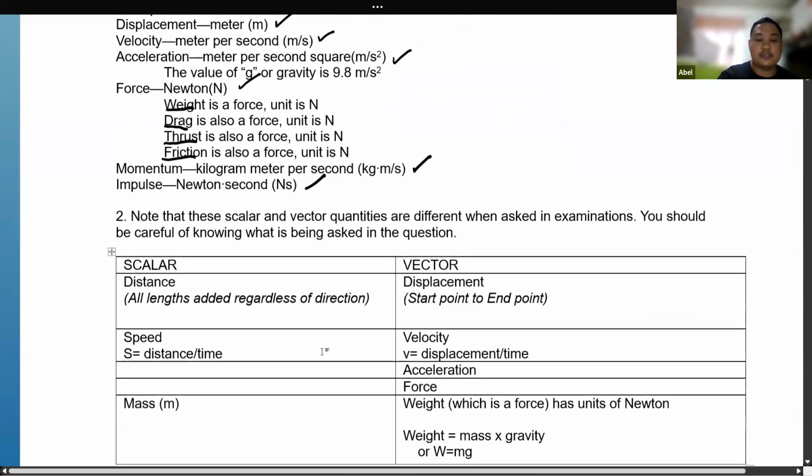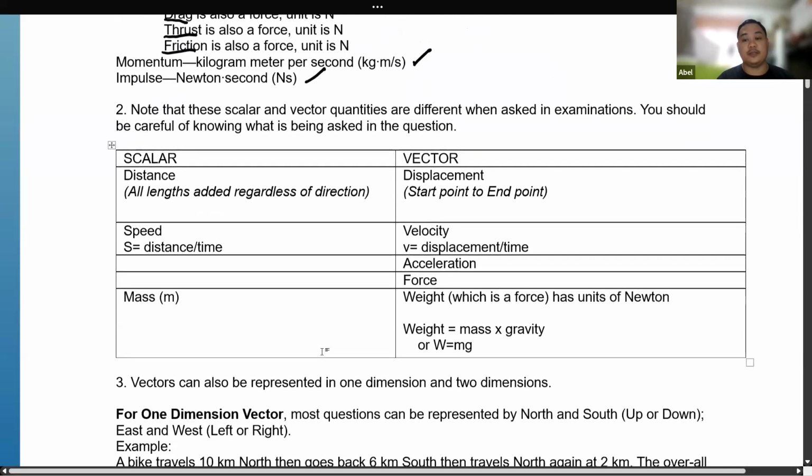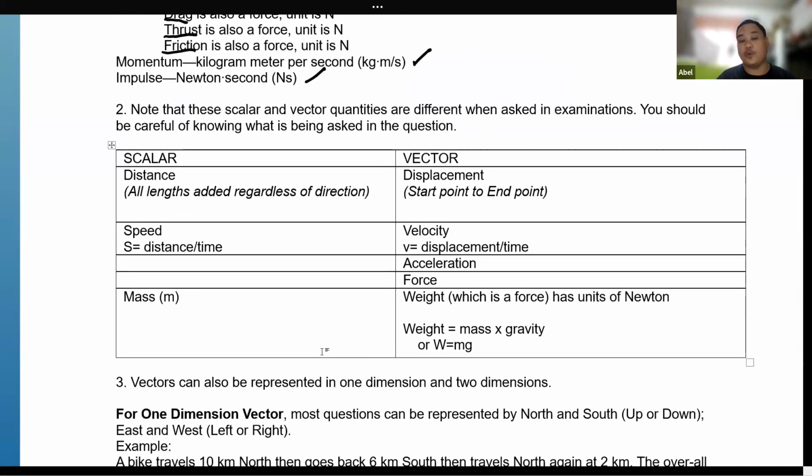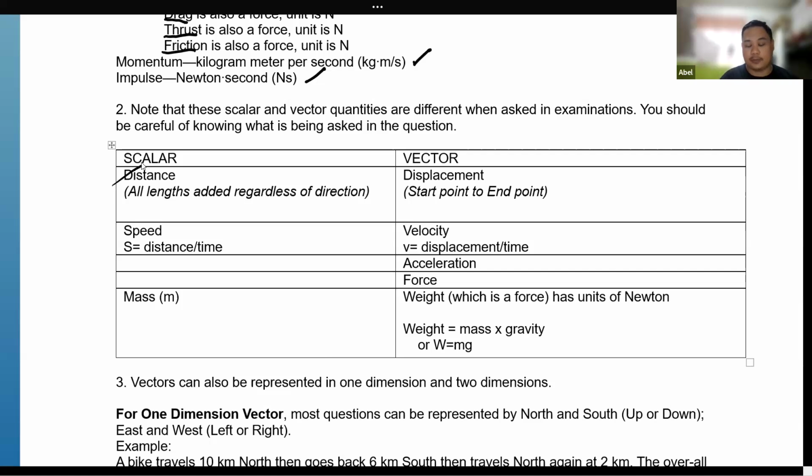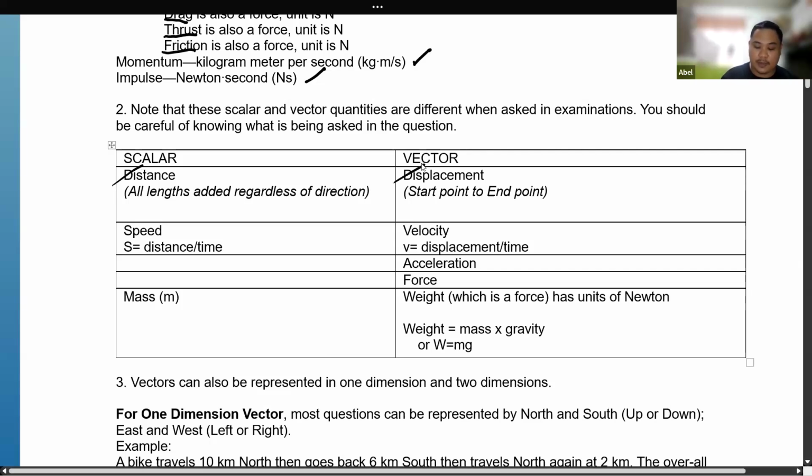So note that these scalar and vector quantities are different when asked in examinations. And we should be careful of knowing what is being asked in the question. Say, for example, here we have the distance. For the distance, all lengths are added regardless of direction. Okay? So later you're going to see that in the problem. For the displacement, we have to define it from the start point to the end point.